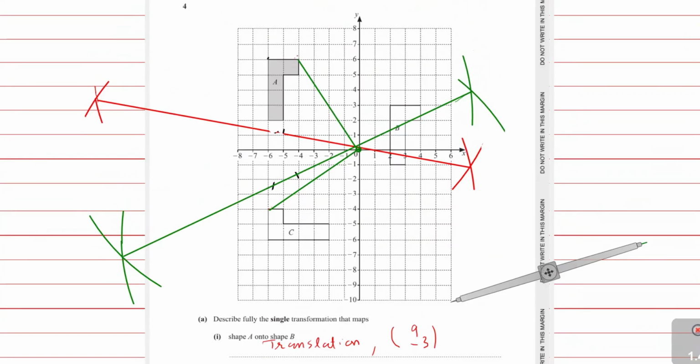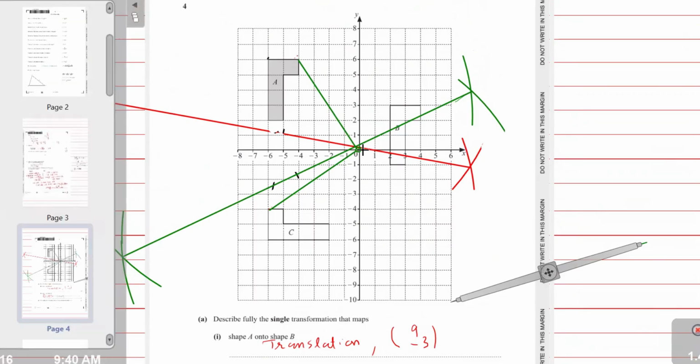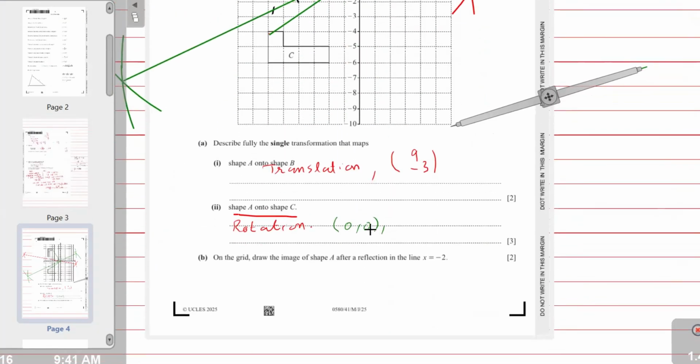Look here, after joining these points, we get these lines. The angle between these two lines is 90°, and this is anti-clockwise 90°. Therefore, we write rotation through (0, 0) in anti-clockwise direction. And this is the answer.